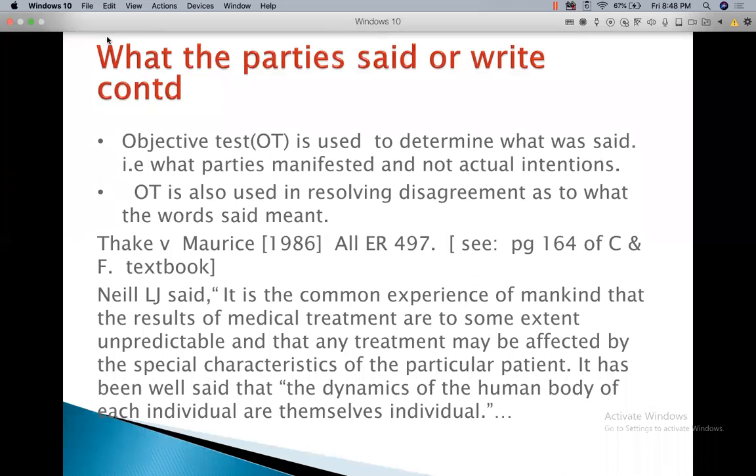Now, in the course of that judgment, Lord Justice Neill, in the case of Take and Morris, made a very instructive dictum, which I quote: "It is a common experience of mankind that the results of medical treatment are to some extent unpredictable, and that any treatment may be affected by the special characteristics of the particular patient.